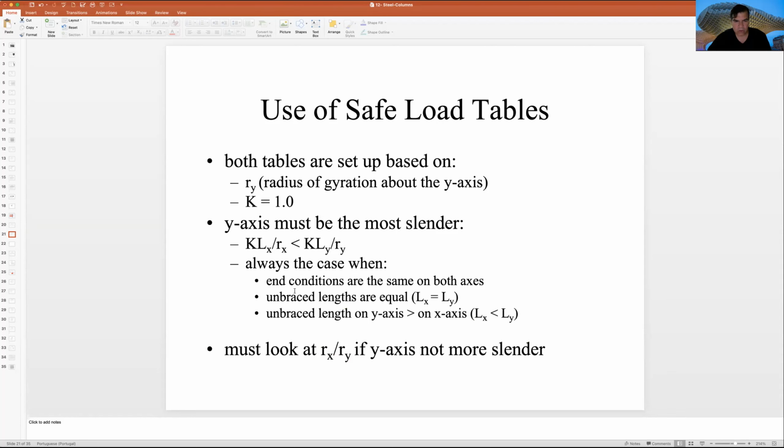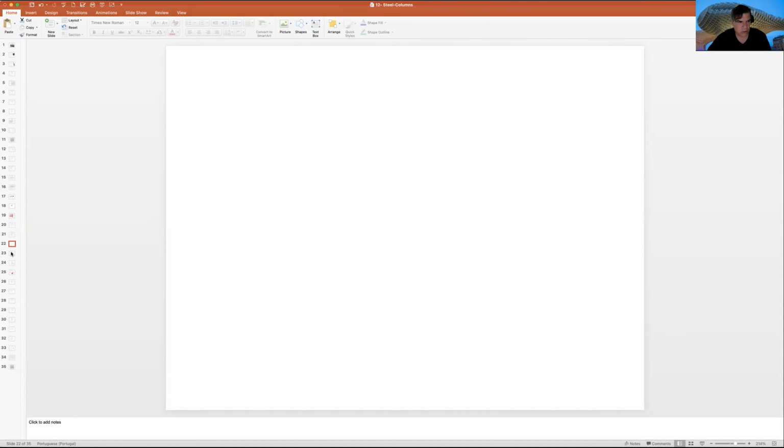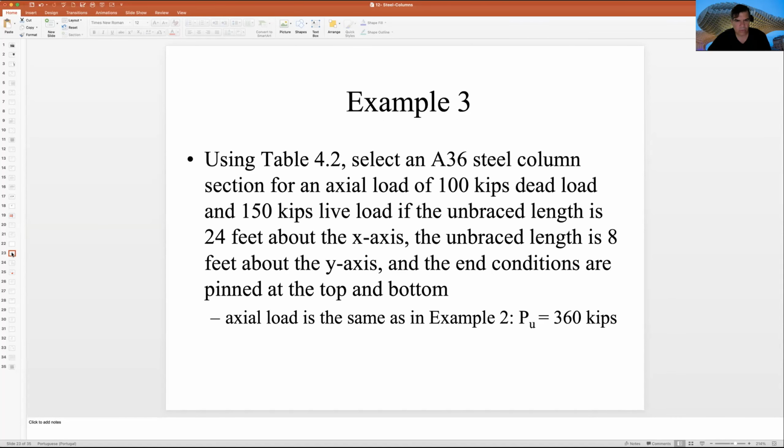Therefore, we always have end conditions that are the same in both axes. The unbraced length in the y-axis is bigger than in the x-axis because we are dealing with this kind of beams. Well, we need to have these conditions in order to resolve this type of beams.